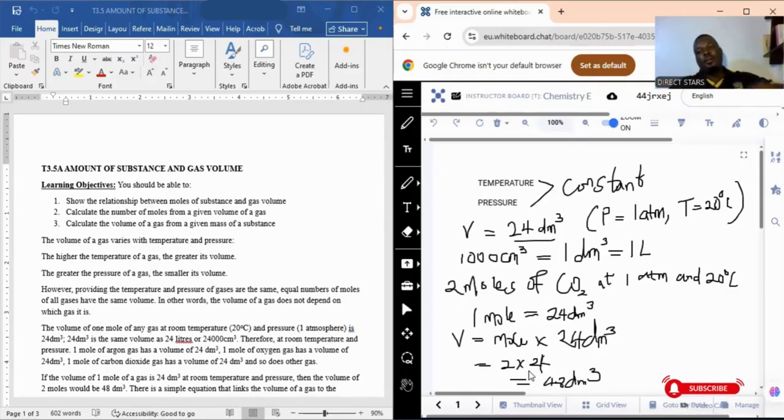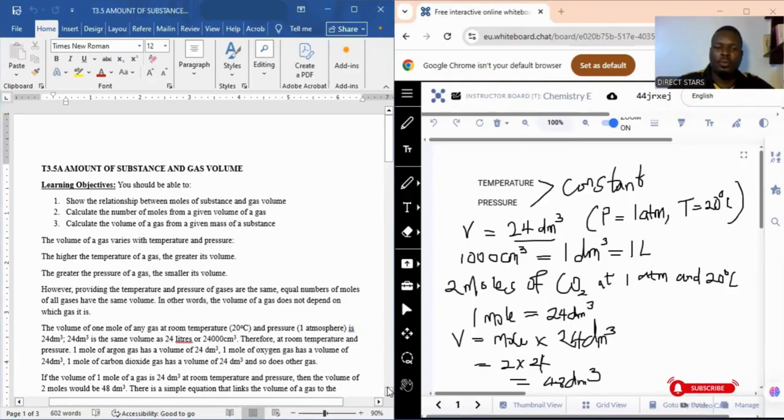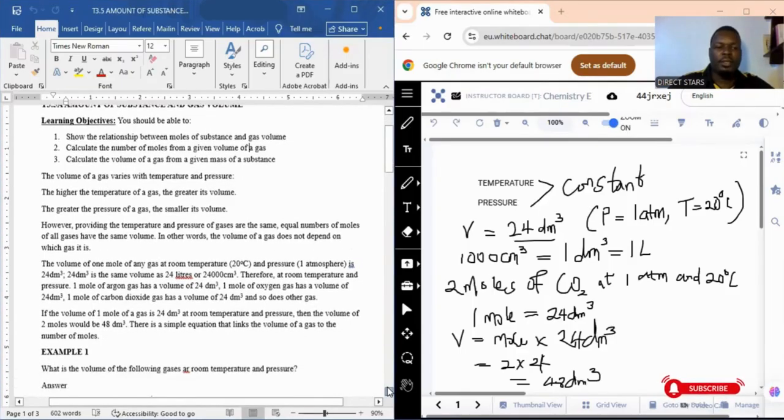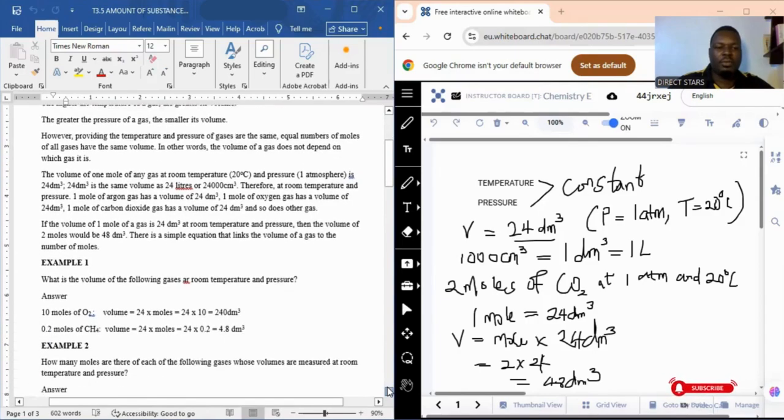So for 2 moles of carbon dioxide, we get 48 dm³ of carbon dioxide. So that is the relationship between mole and volume. Let's pick other examples.